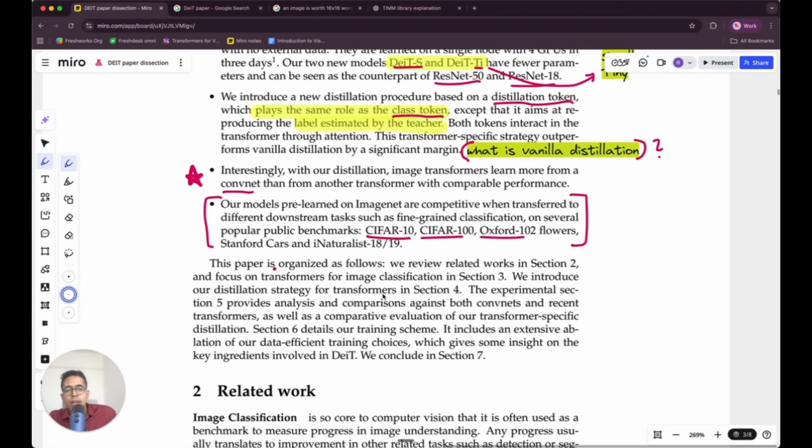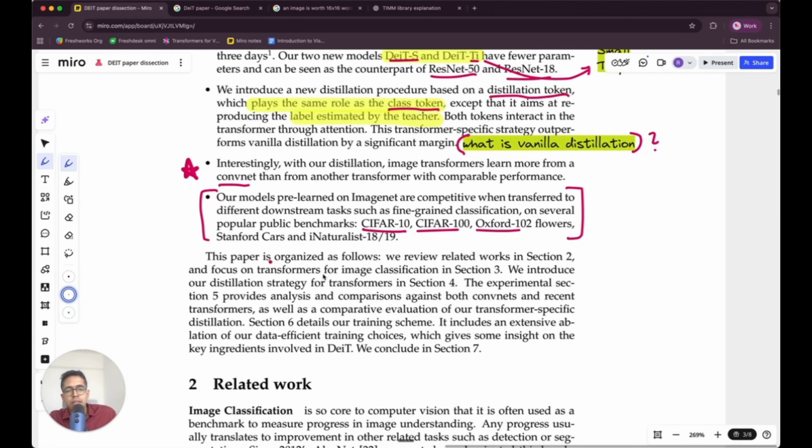This paper is organized as follows. We review the related works in section 2 and focus on transformers for image classification in section 3. In section 4, we introduce our distillation strategy, straightforward. Experimental section 5 provides analysis and comparison against both convolutional neural networks and the recent transformer, which is basically the vision transformer, as well as a comparative evaluation of our transformer specific distillation.